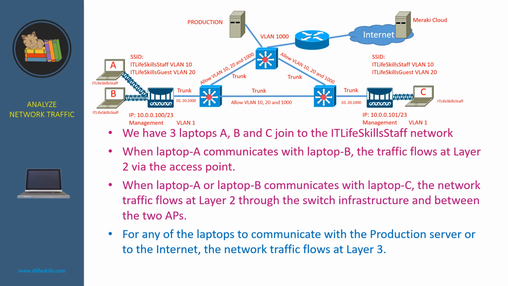When laptop A or laptop B communicates with laptop C, the network traffic flows at layer 2 through the switch infrastructure and between the two access points. For any of the laptops to communicate with the production server or to the Internet, the network traffic flows at layer 3.